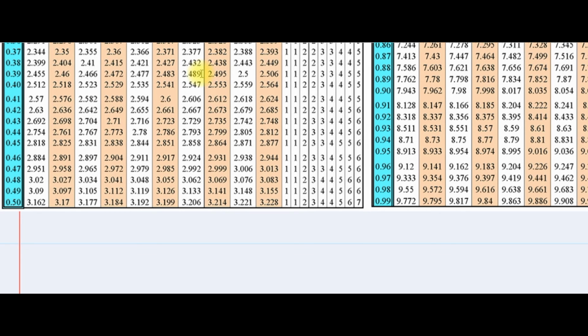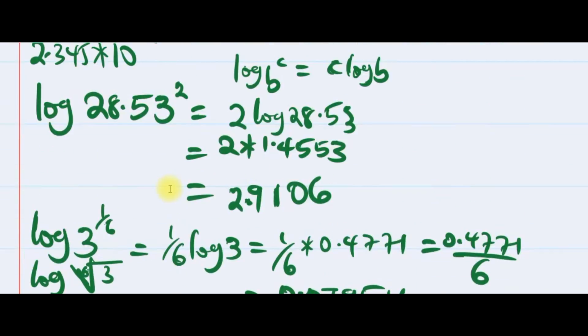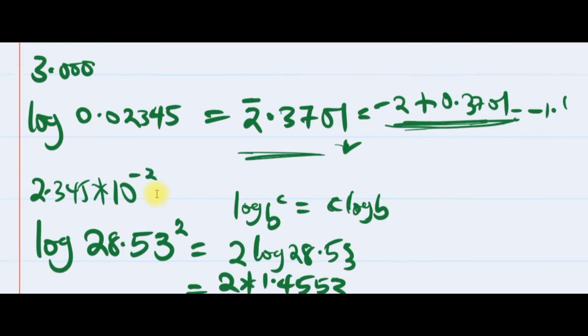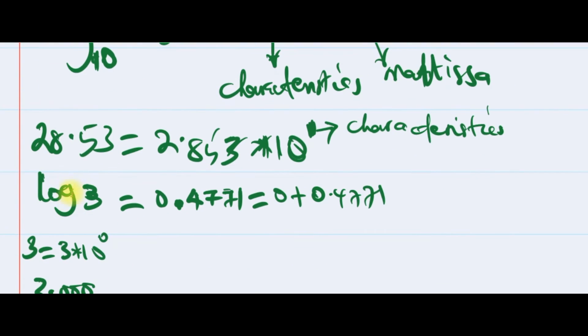We got 0, 1, 2, 3, 4, 5, so 2853. Let's check. Do you see it now? 2853. You'll be wondering, how will we locate the decimal point? It's very simple.